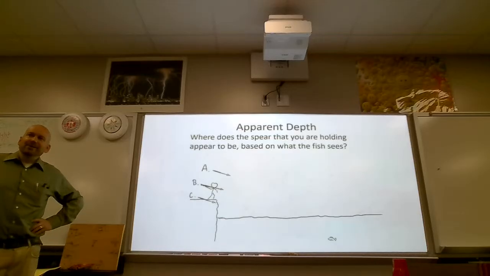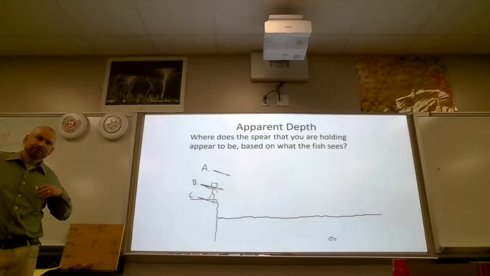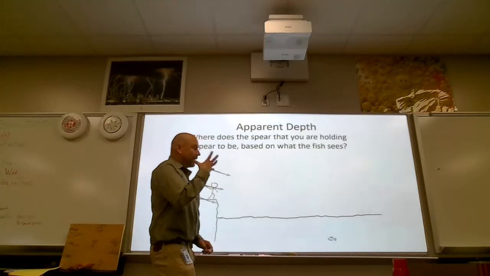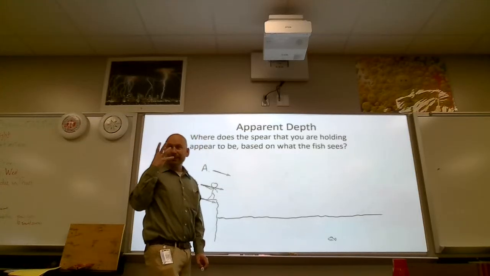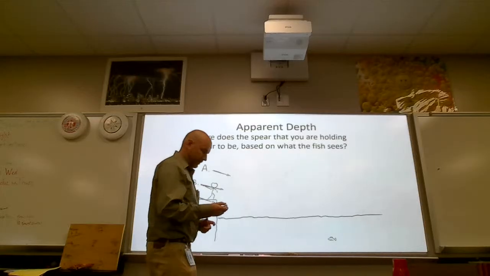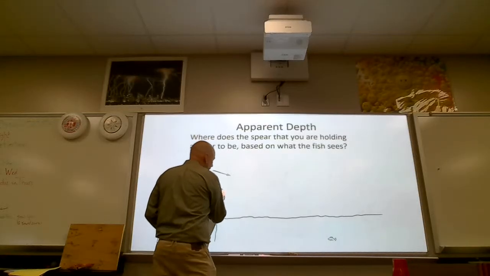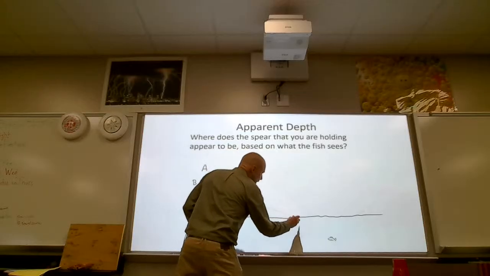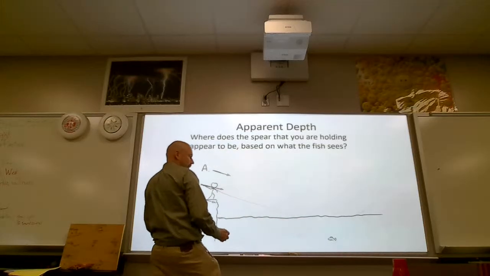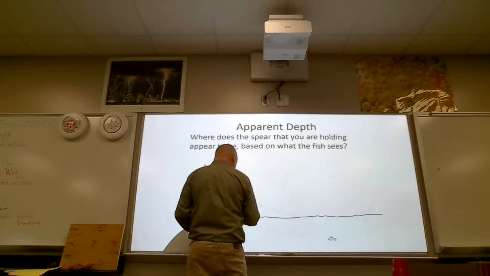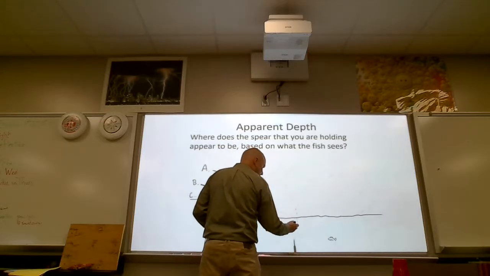Correct answer is, what do we say? Go. So, the fish's eye is the receiver, the catcher. Okay. Light's coming from the guy into the fish's eye. So it's going from air to water. What is it going to do? Bend away or towards the normal line?